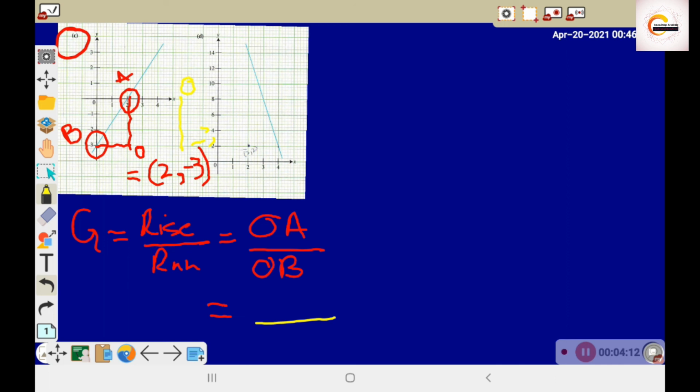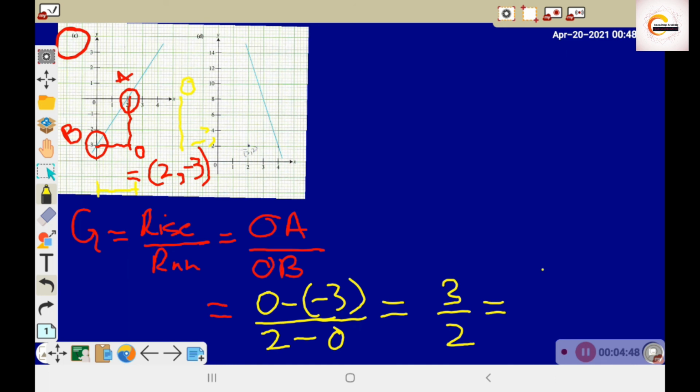So 0 minus -3 over OB, which will be 2 minus 0. Okay, so it's going to be 3 upon 2, and we know that 3 upon 2 is one whole number, 1 upon 2.